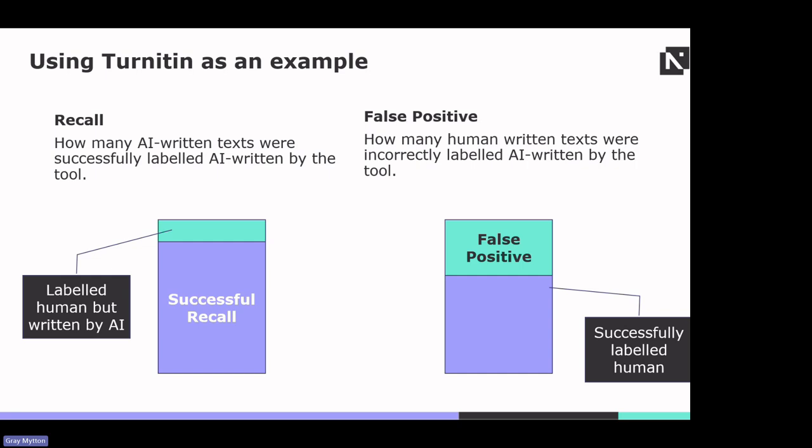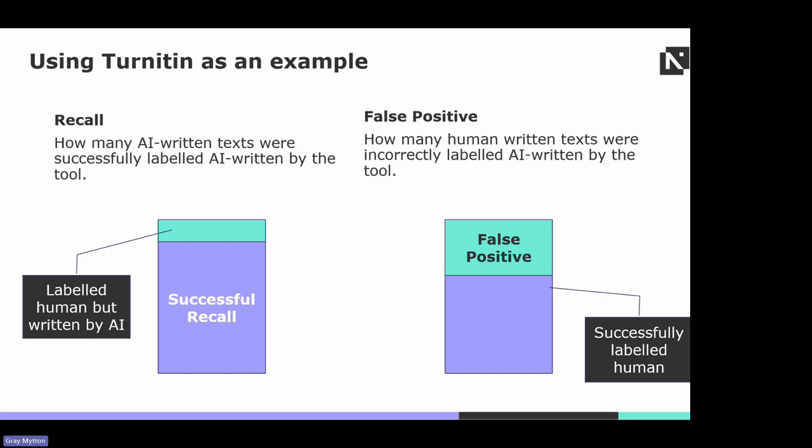So that's a wrong result. That would actually be called a false negative, but we won't worry about that. We'll leave it as recall for now, or unsuccessful recall. Okay, so sticking with Turnitin in our example, they give us a number for this.